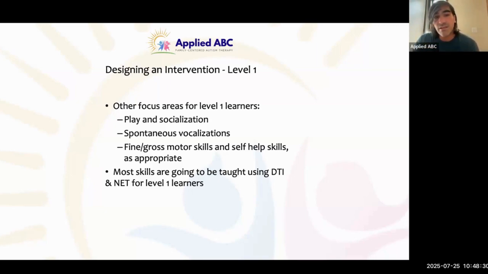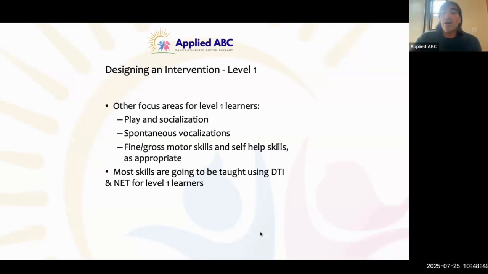Fine and gross motor skills. Again, we did do imitation of actions, but there's a difference between gross motor skills, which is stand up, sit down, arms up, and doing things that require digital manipulation, which is fine skills.